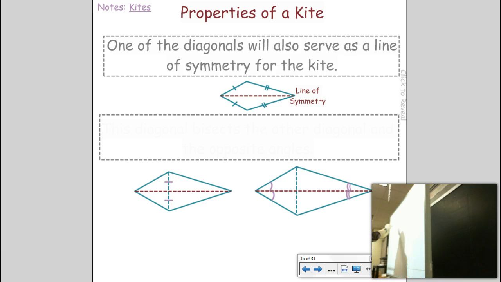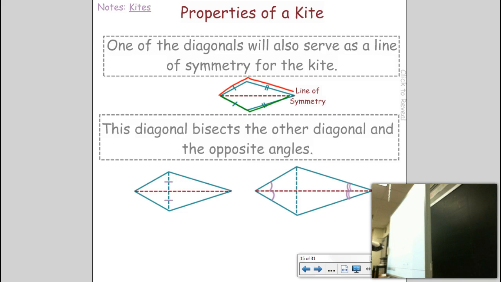So if this is the line of symmetry, it means everything on this side is identical to what's on this side. This matches this, a mirror. So one of the diagonals is going to be a mirror. Not both of them, but one of them. If I were to fold the kite on the dotted line, it would match. It would be identical.